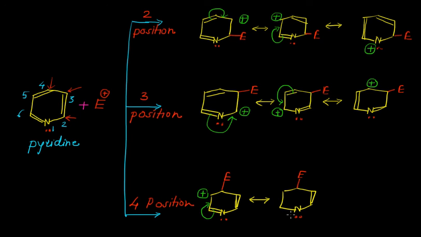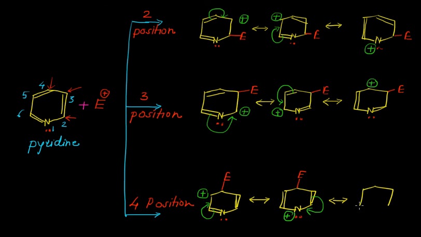So we must write a positive charge on this nitrogen. This is the new bond, and this is the positive charge on this nitrogen. In this resonating structure also we have a positive charge on this nitrogen. Again this positive charge gets delocalized in this fashion, and we may write the next resonating structure like that.